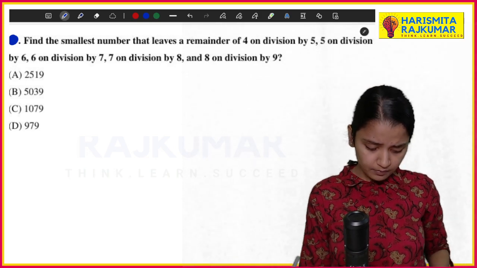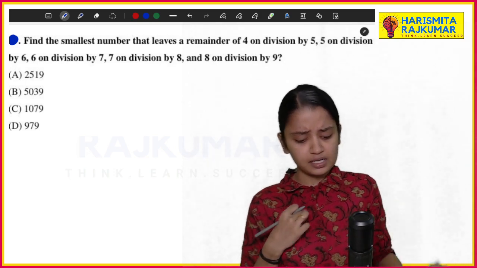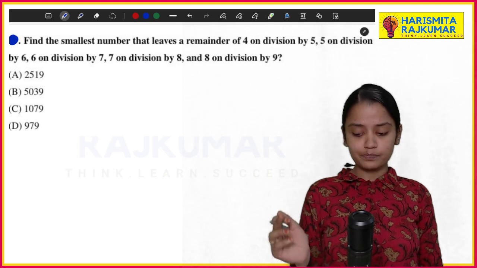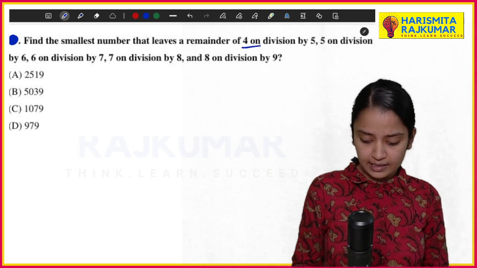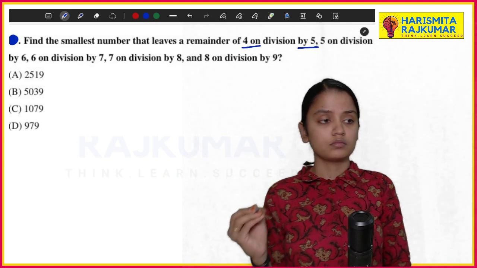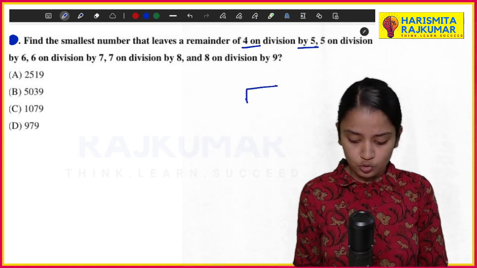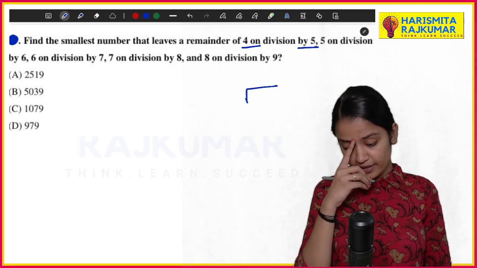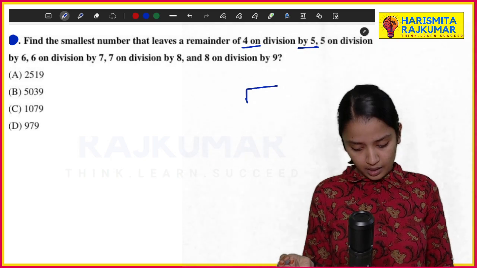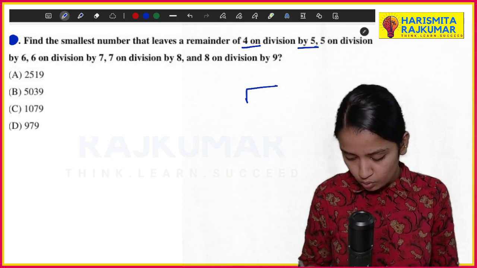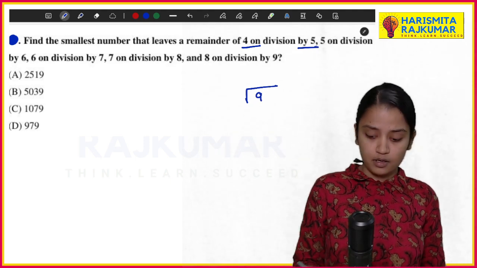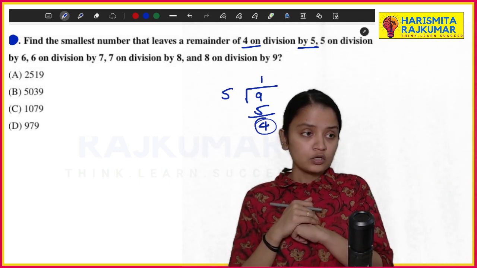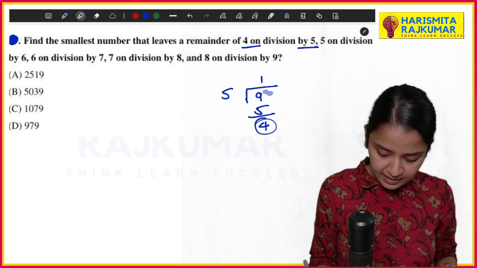Find the smallest number that leaves a remainder 4 on division by 5. Let me assume an example: if I divide 9 by 5, I get remainder 4. So what can you say about this number?